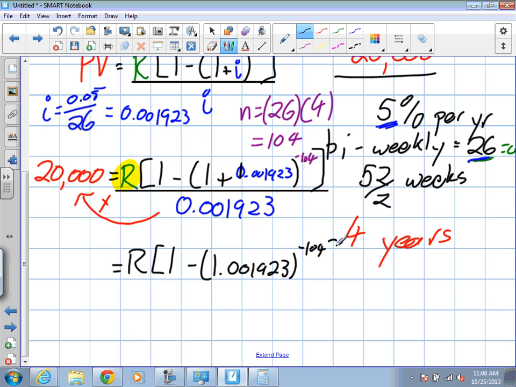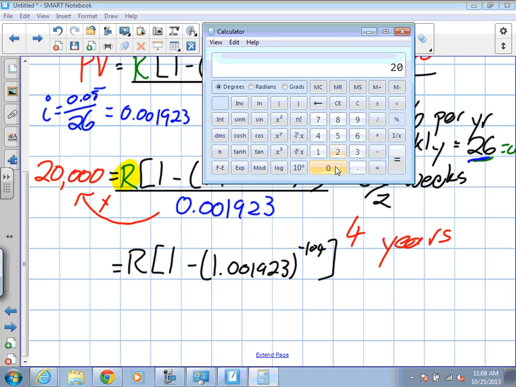Okay? And now remember, I'm taking this bottom and multiplying it by 20,000 to give me my new number on the left. So 20,000 times 0.001923 is 38.46.